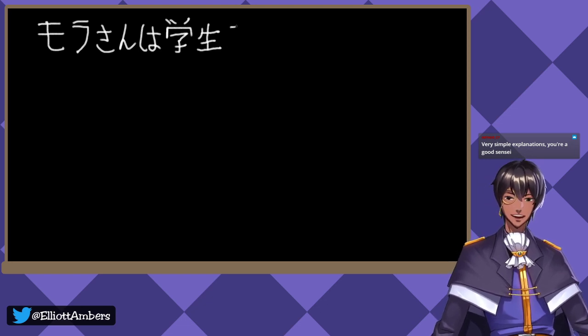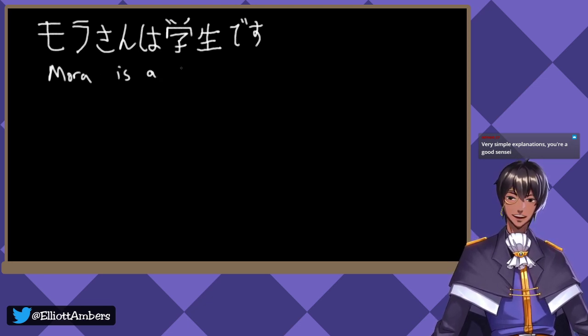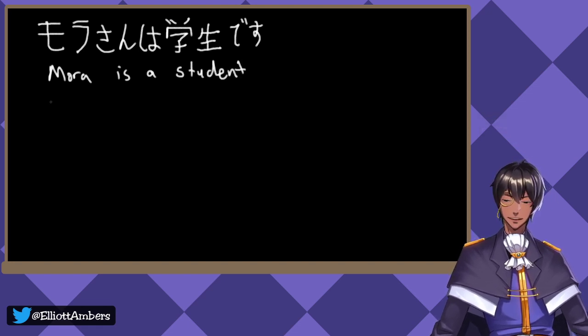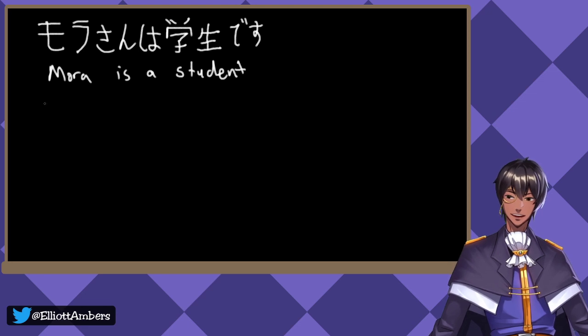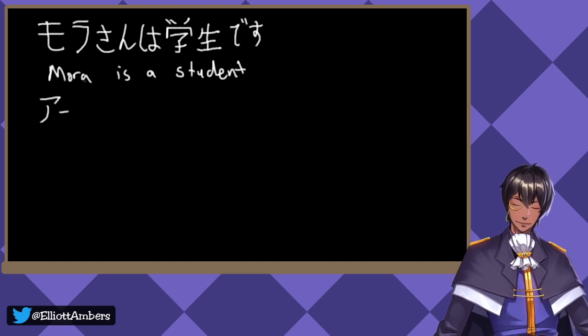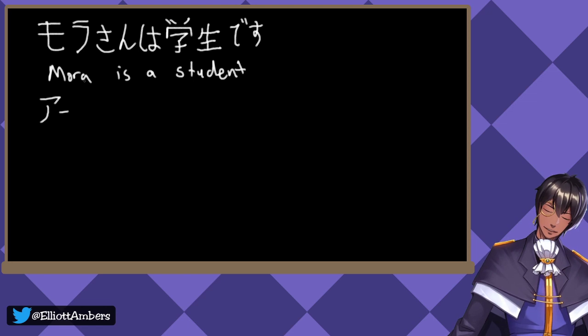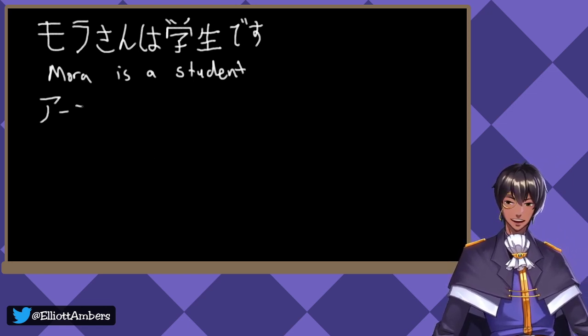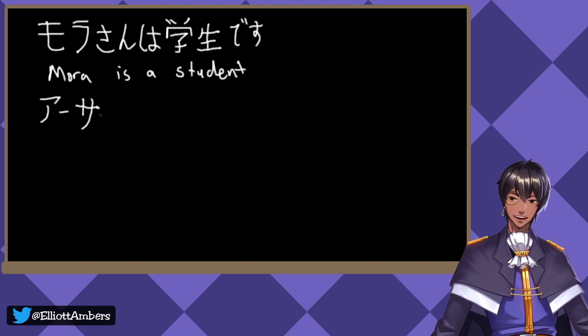Mora-san wa gakusei desu. So, Mora is a student. And then we say, I guess this is how you would pronounce Arthur. Let me make sure I remember how to write sa. Asa-san.